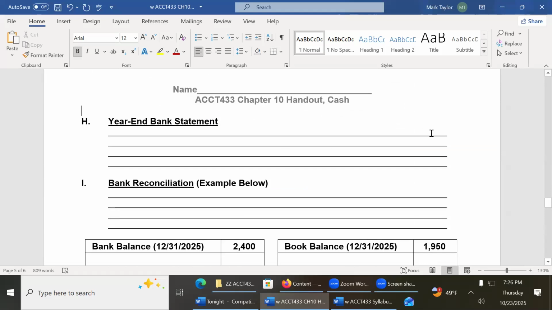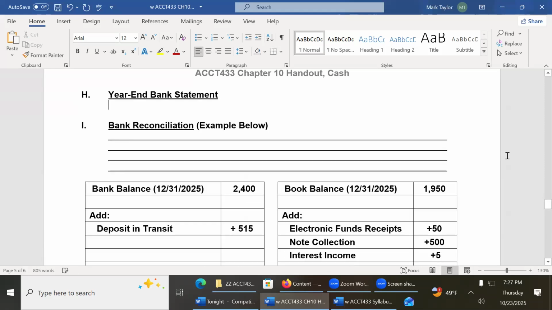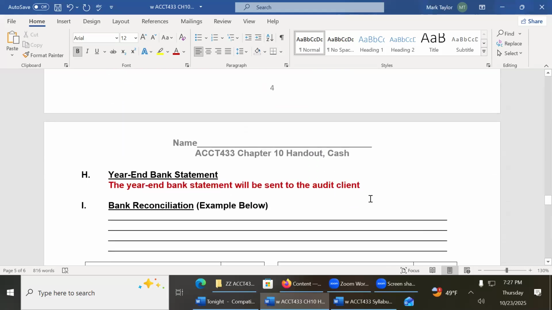Okay, year-end bank statement. The year-end bank statement will be sent to the audit client.